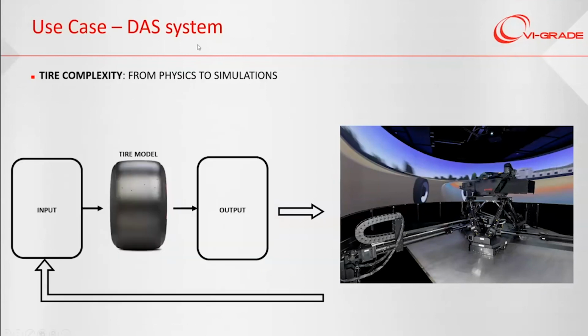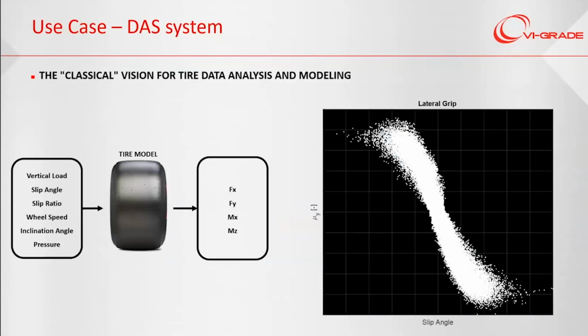To obtain that, many different tire models can be used with multiple input complexity levels and targets. But standard tire models do not take into account the multiple physical phenomena characterizing the real behavior of a tire.